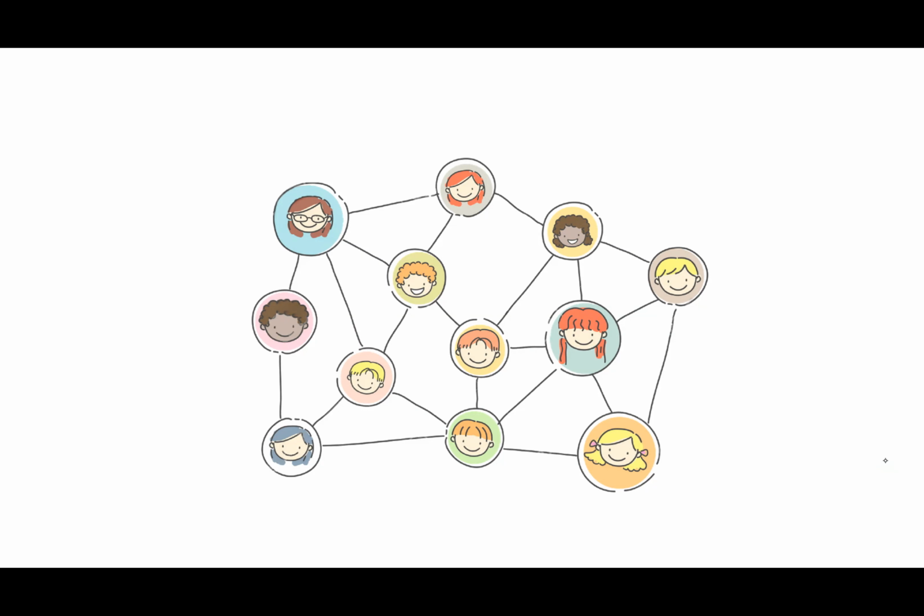And the question is, what kind of graph is this? Is this directed or undirected? Obviously, this is undirected because when I am friends with someone, he's also my friend, right? So the friendship is not directional, that I am his friend and he's not my friend. That's not possible, right? So a social network graph is an example of an undirected graph.